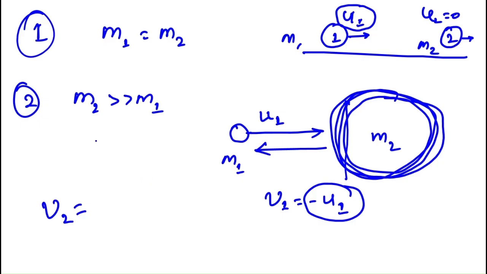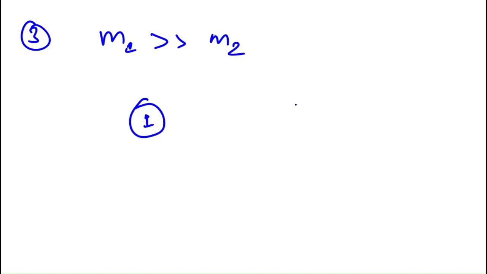Now, coming to the third case. What is the third case? If M1 is much heavier, not exactly bigger, but heavier, meaning the first body is much heavier compared to the second one, what will be the motion after collision?